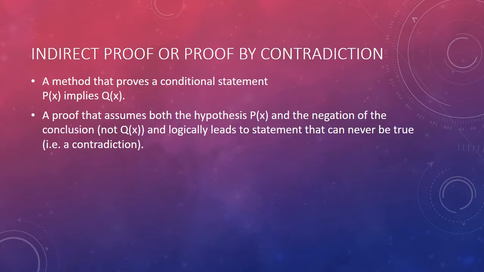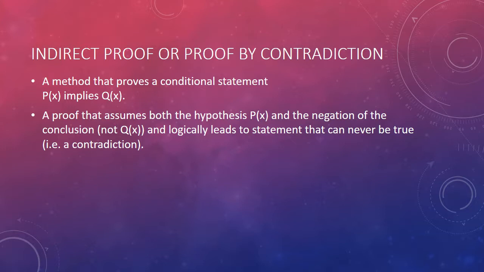However, in this case, instead of assuming just P of x, we assume P of x and the negation of the conclusion, and show that this leads to a statement that can never be true, which is something we call a contradiction. These can be things like both the statement R and not R are true at the same time. It can also be something that contradicts something that's well known, like for example, 1 is equal to 2.